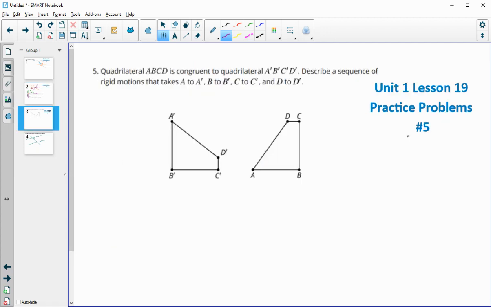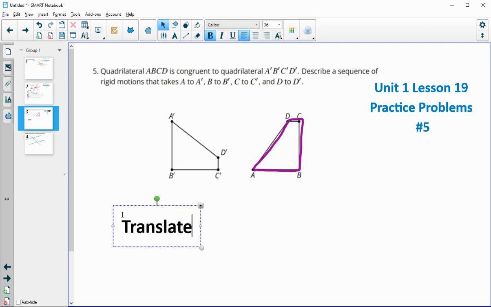All right, the third one I'm going to do is number 5 from lesson 19. This one is talking about describing a sequence of rigid motions that will take A, B, C, D to A prime, B prime, C prime, D prime. So we're going to describe the rigid motions. First we're going to want to translate and get the point onto its image.